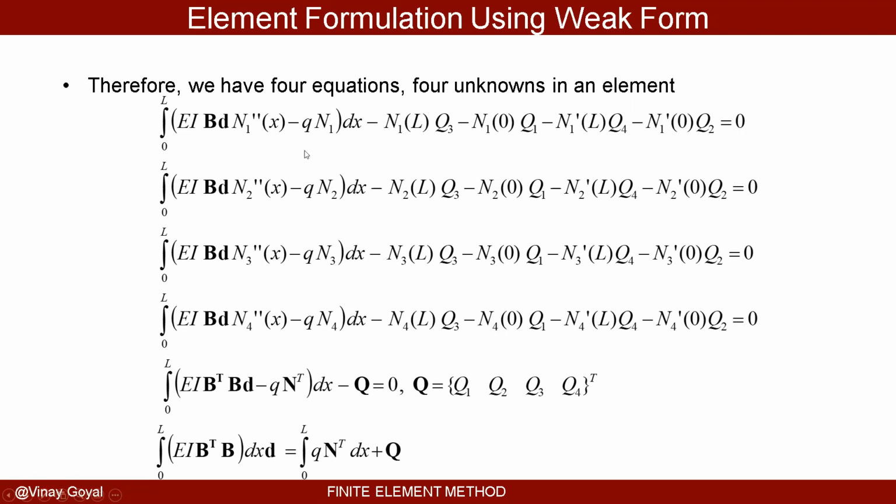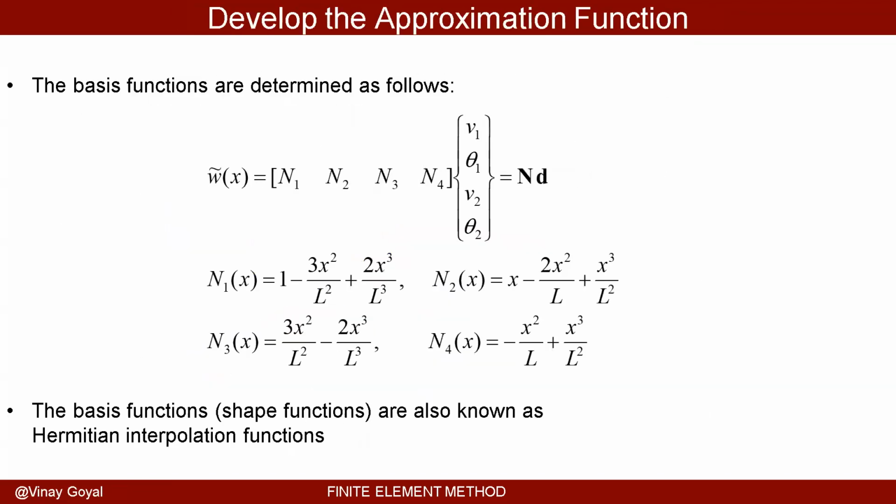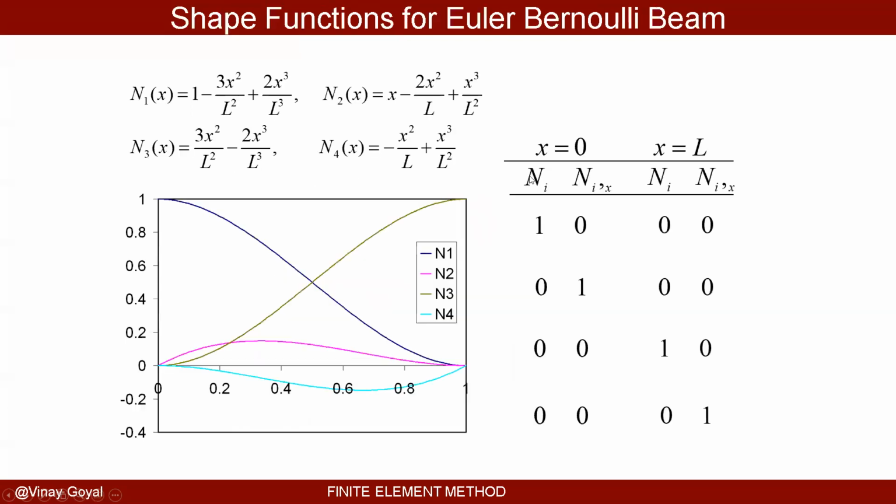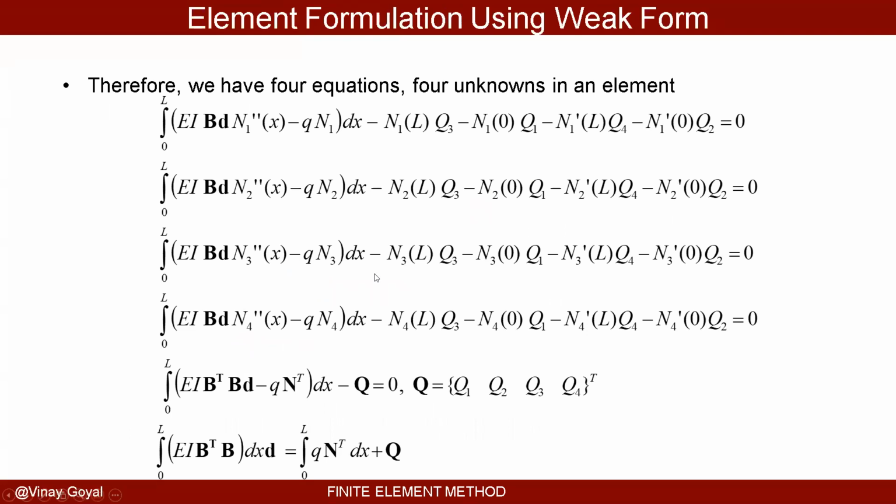So I'll put that column vector as B bold transpose. And then this N1, N2, N3, and N4 is also a column vector, which is a column vector of N bold, if you recall. That's where you approximate a solution. W tilde is the shape functions times this column vector, and that row is M bold. So I have M bold transpose.